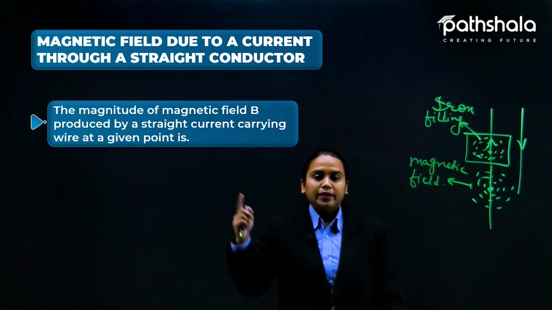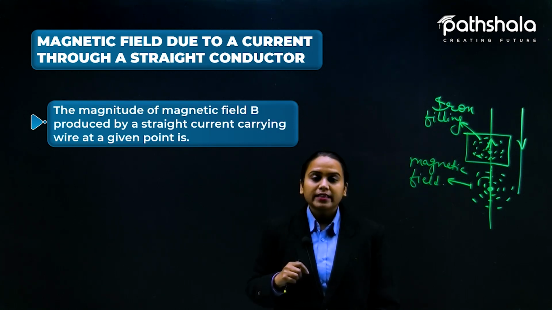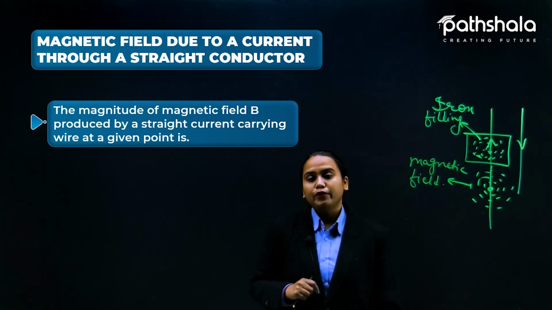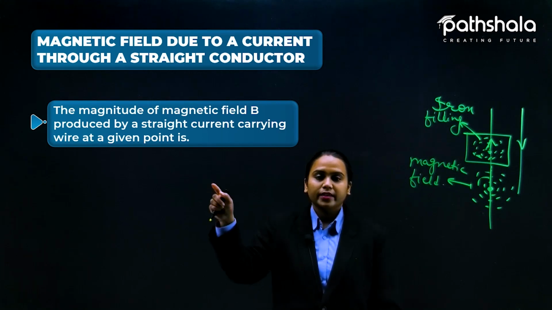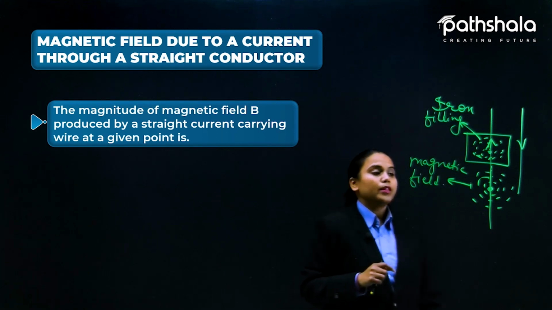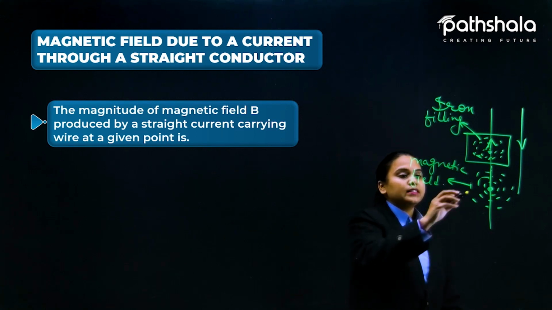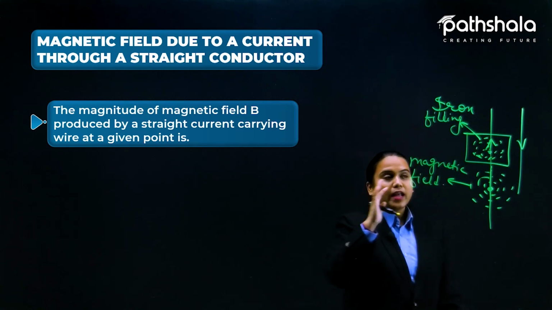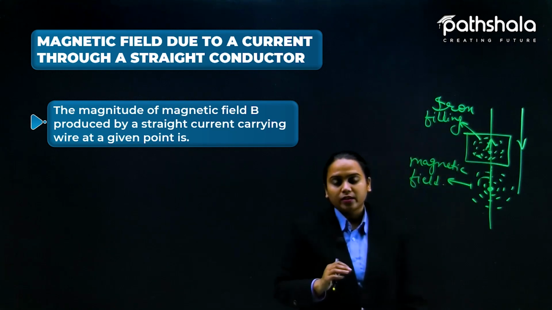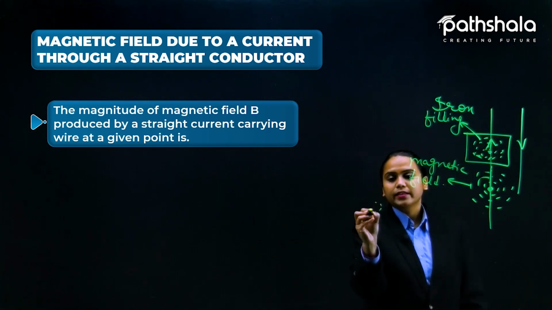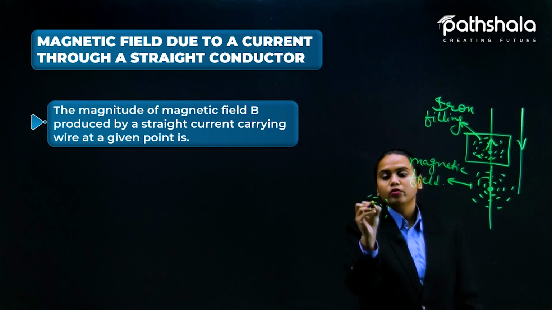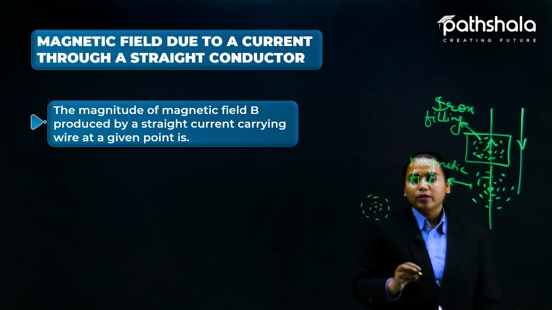Now see, the next conclusion is this: the magnitude of the magnetic field B produced by the straight current carrying wire is given at a point. Now what does it mean? It just means that here we are having lots of concentric circles like this. Let me make it again for you. This is the center point of it.